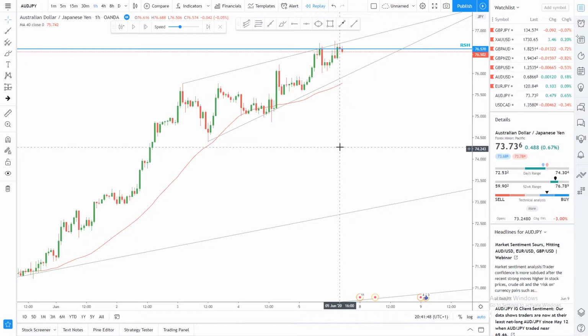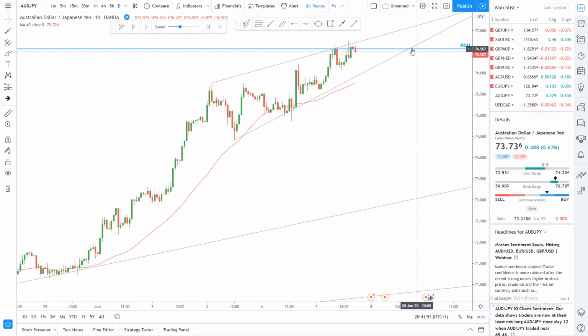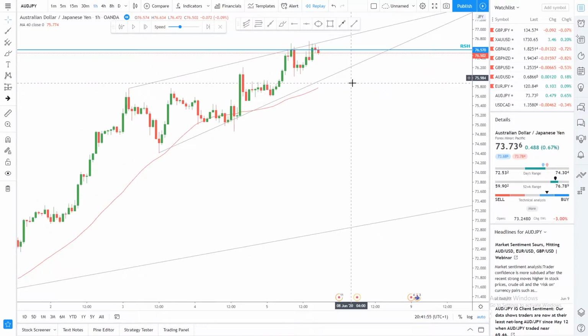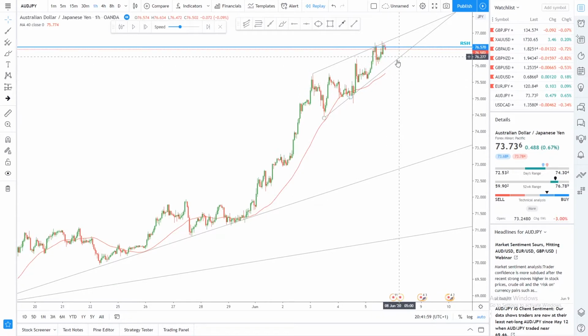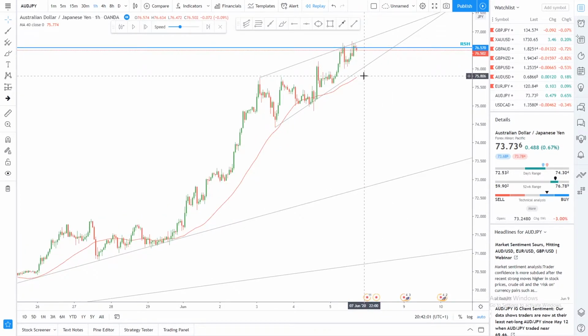Now the reason I had this channel going is because I was either waiting for a break of the upside, as well as the recent significant high, so price could keep on going up, or a break of the low channel line, retest a resistance, support, even the same trend line, for price to keep on going downwards. Now obviously price went downwards, and we're going to break down how I entered into that and why I entered into that.